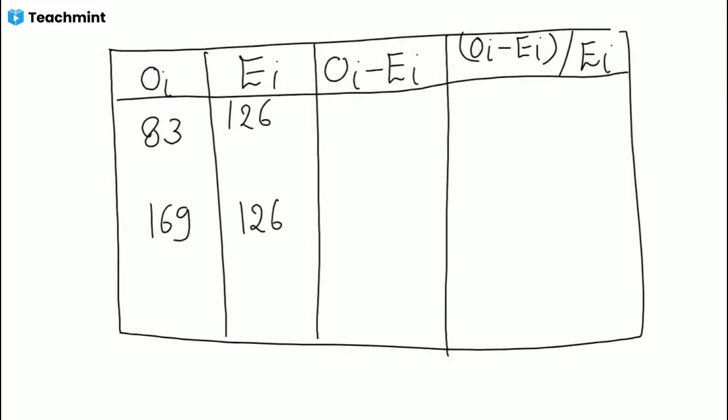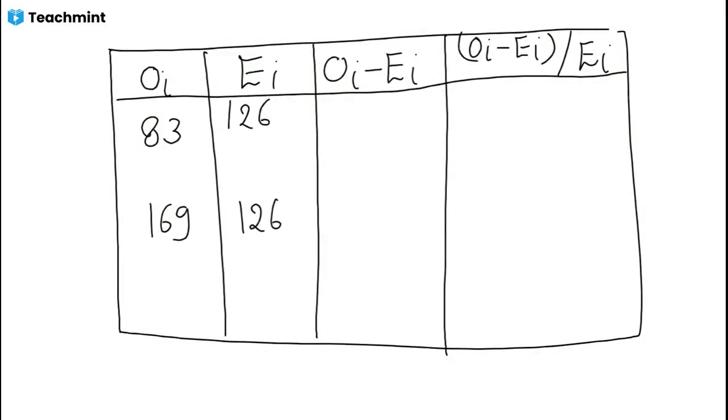OI minus EI: 83 minus 126 is minus 43, and 169 minus 126 is 43.